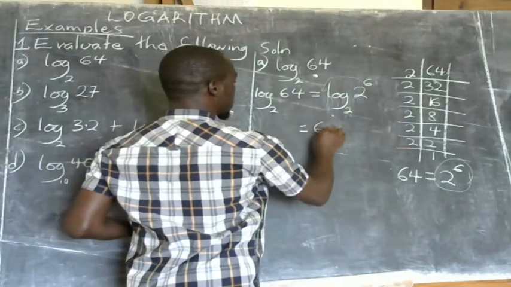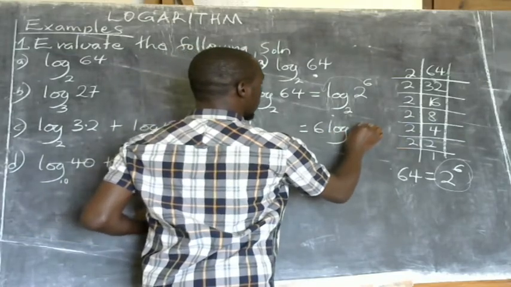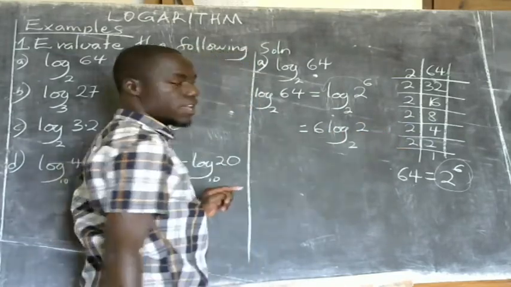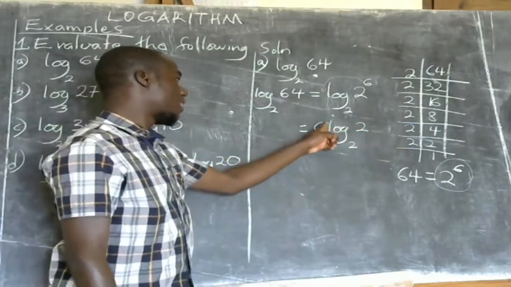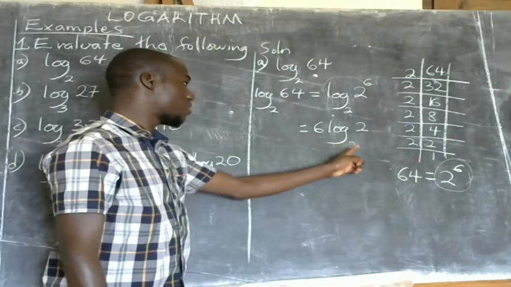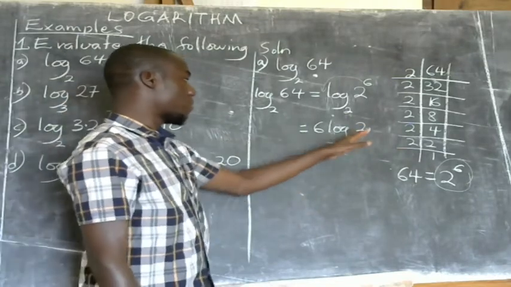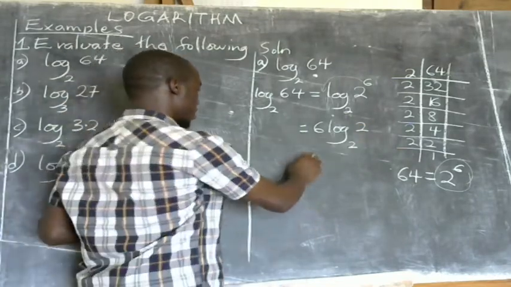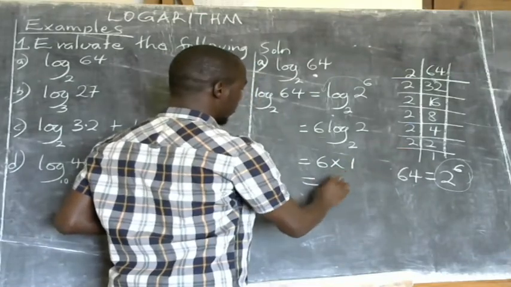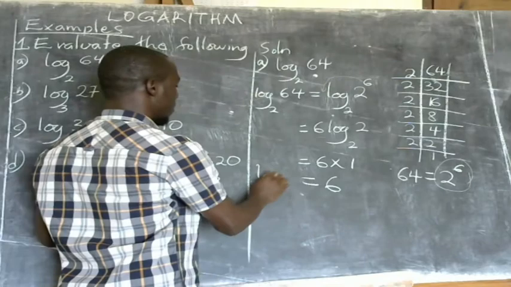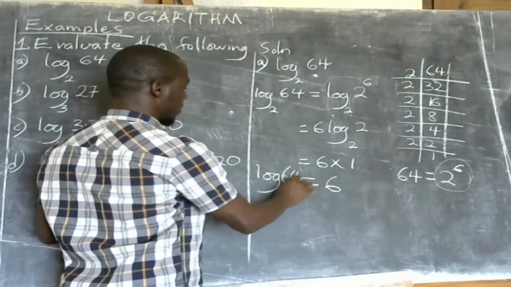So that's going to be 6 times log of 2 base 2. Then I use lastly the law that condenses log of a number base the same number to a 1, and when I multiply 6 times 1, I get the answer as 6.